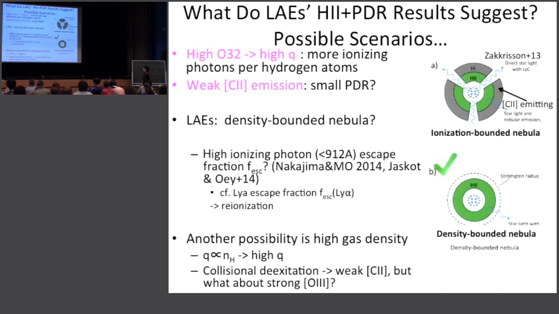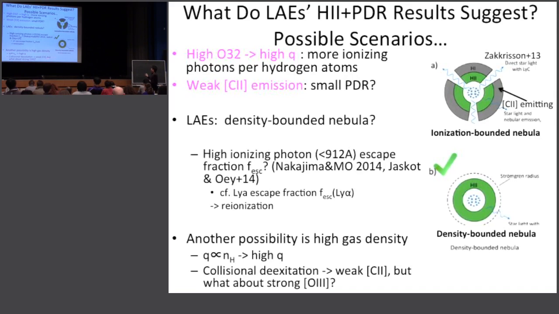Another possibility is high gas density. As I said, the ionization parameter is proportional to the atom density, so if you have more dense gas, then you have high Q. And if you have high density, then you have more collisional de-excitation that makes the weak carbon-2, forbidden line.